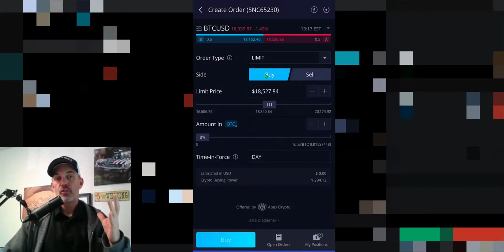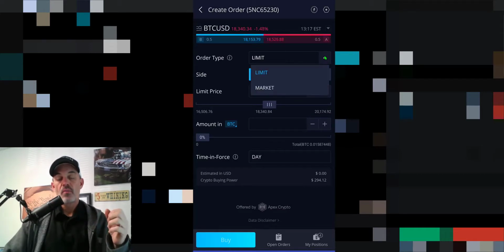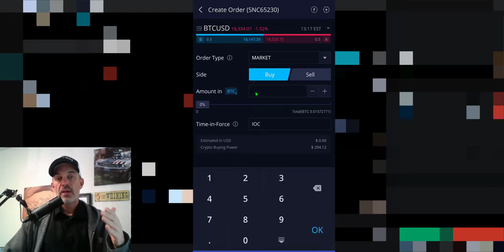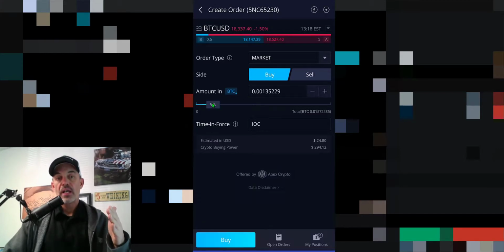And from here is your buy screen. And I can sell, and I can buy a market or limit. In this case, we're going to do a market order, and I can type in the actual price I want to buy, or I can use the slider down below, and it will use a percentage of my available cash to actually buy that percentage of Bitcoin.